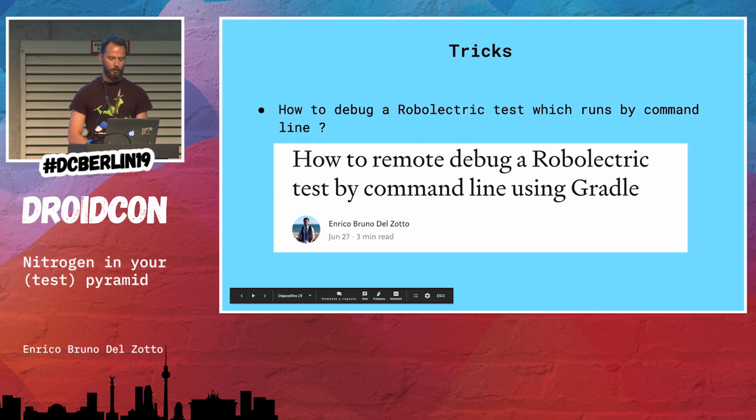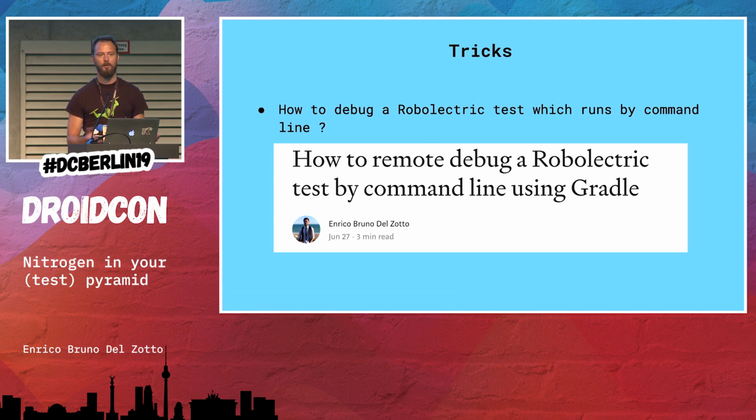There is another issue. When you are running the Espresso test, it's very easy to attach the debugger, because you can use it in a normal way. So you attach the debugger, you run your application, and the debugger is working. When you run the test by the command line, it can be difficult to debug, because sometimes Robolectric and Espresso have some incompatibilities.